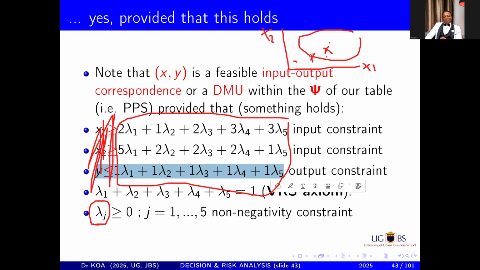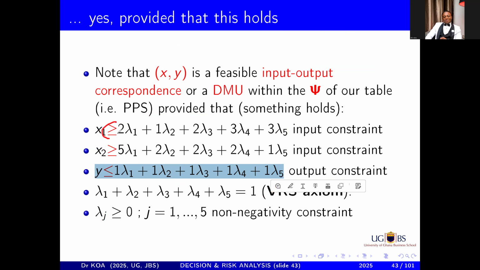Now, whether it is inside, outside or on it is the symbol that is in question here. If you look at this very one here, the symbol says that the input I just closed my eyes and collected is more than or equal to the technology. The resource is more than or equal to the technology.